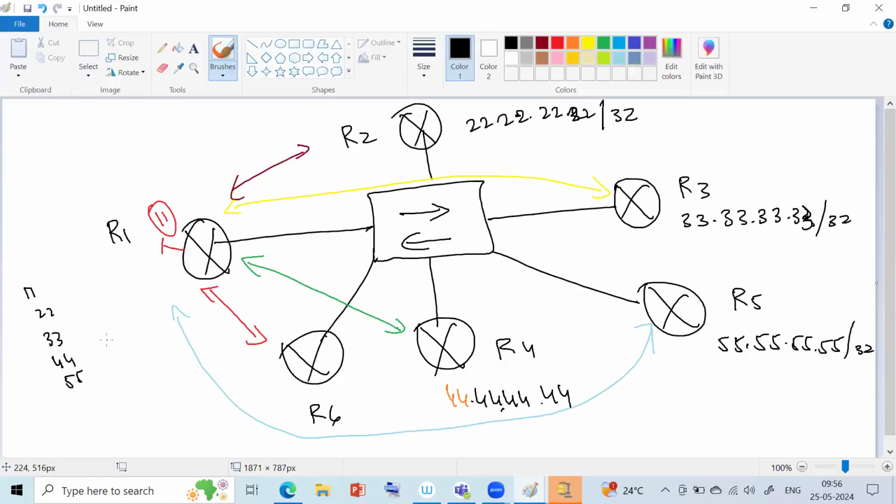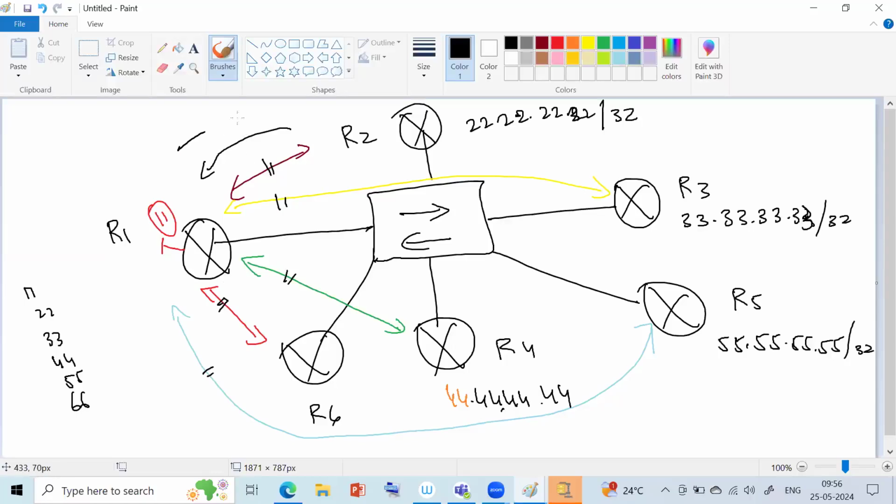Now what it does, if you have seen, R1 is connected to R6 also, R4 also, R5 also, right? Through this one, this one, this one, this one, and this one. Now it has learned 22 from here.